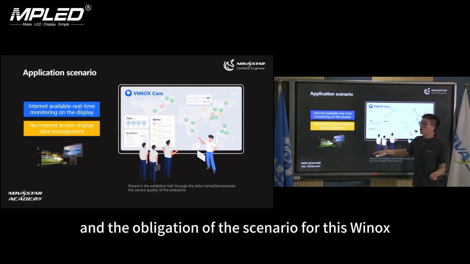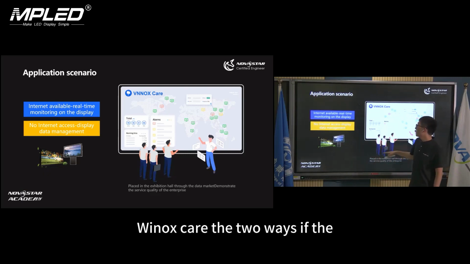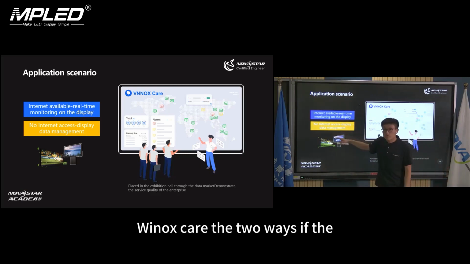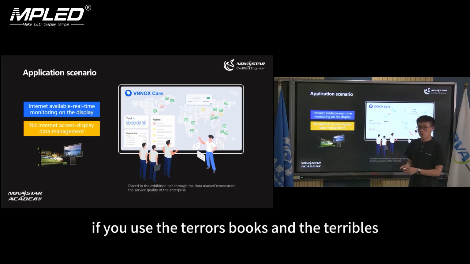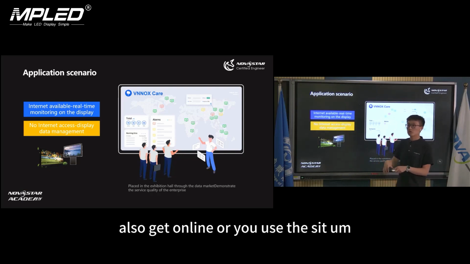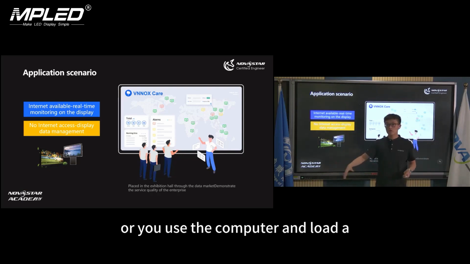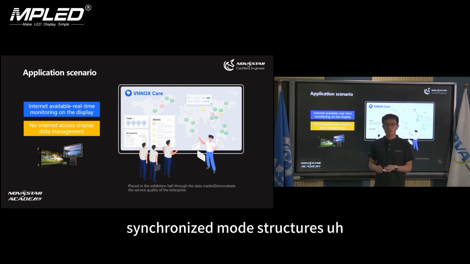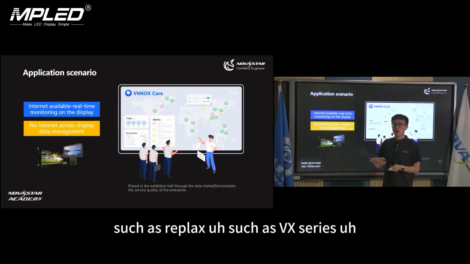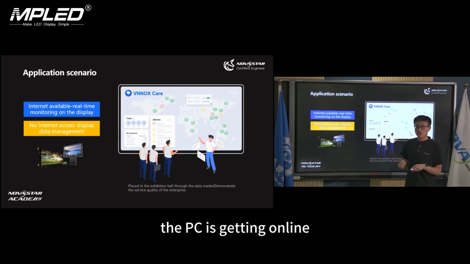The application scenario for Vnnox Care is two ways. You use the Taurus box and the Taurus box gets online, or you use a computer with a synchronized mode structure such as VX servers, and the PC gets online.